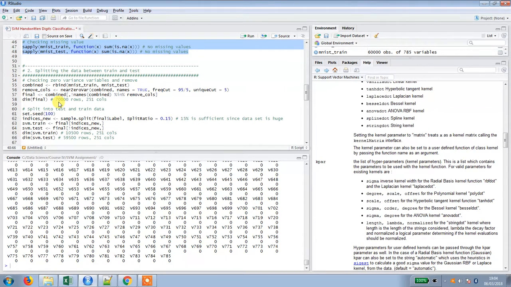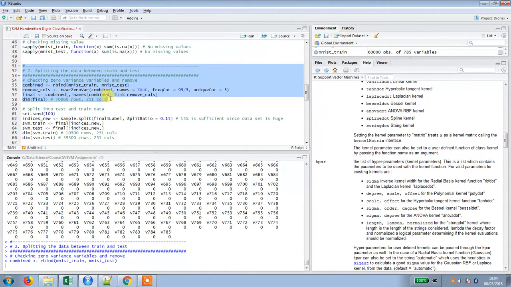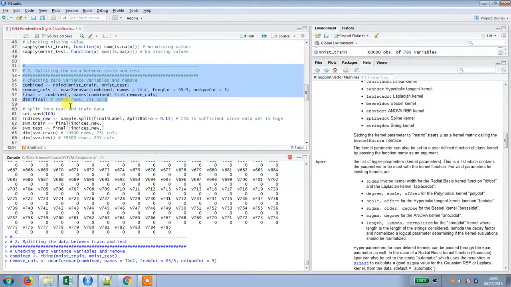What this means is that if there is no variation in the values in a particular column and it is dominated by a single value, it may not significantly impact the model, and therefore we can get rid of those. And this is what we do using the nearZeroVar function in R.